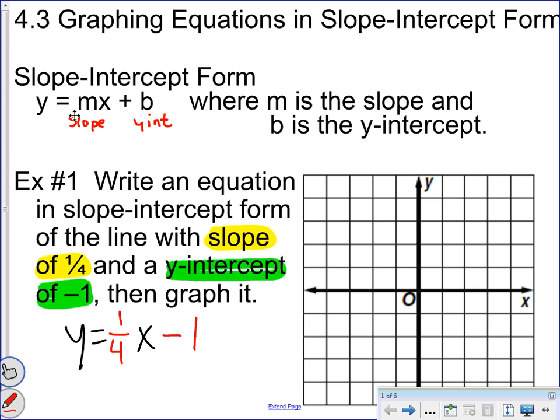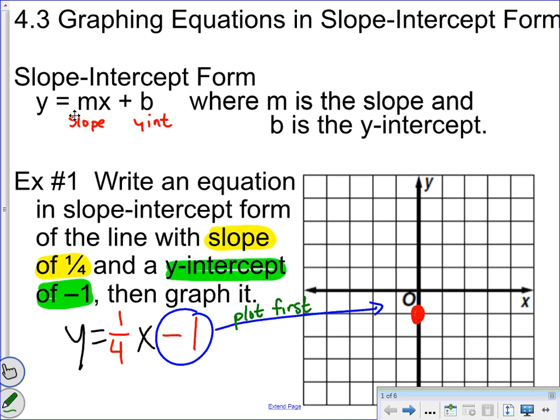Now when we go to graph it, we're going to start first at the -1. So we're going to take the -1 and put a dot at -1. Then we're going to use the slope. So plot this first. Then we're going to use the slope and do rise over run.